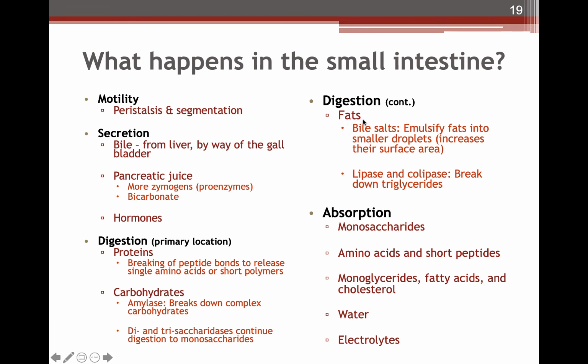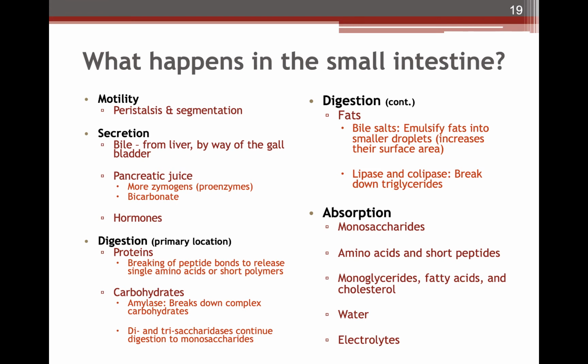Fats are now going to be digested in earnest at this point, because bile will finally emulsify the fats into smaller droplets, which allows them to finally mix with the aqueous juices and secretions of the digestive system. They are not just hanging out off to the side in big fat globs.